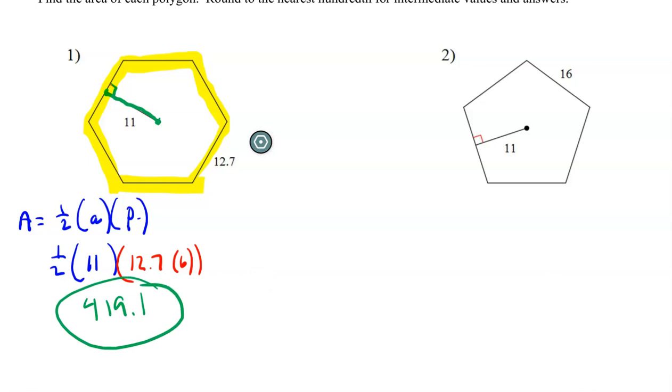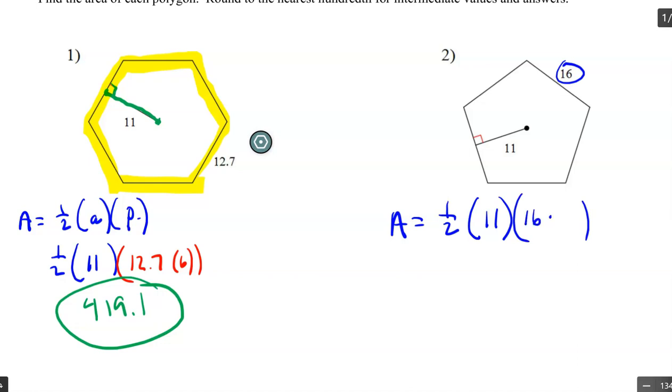All right, doing the same thing over here for number 2. Looks like we have the area is 1/2 times 11, and now the perimeter is going to be a little bit different, because for this one each side is 16, but this thing has 5 sides, so I need to times that by 5.